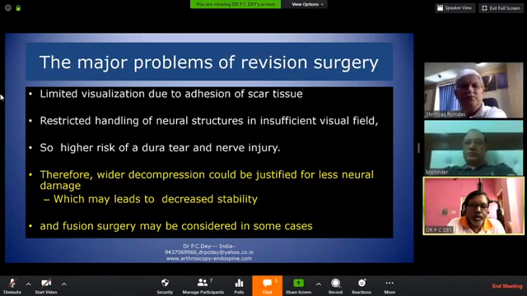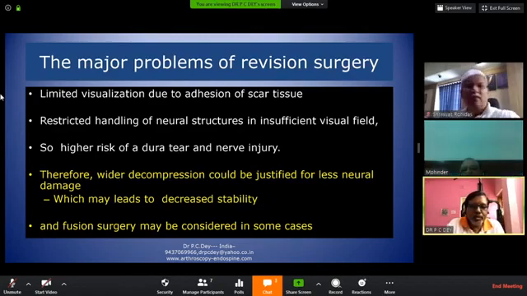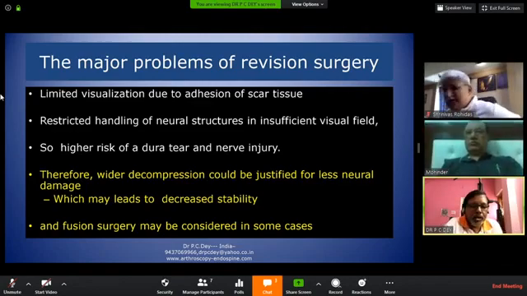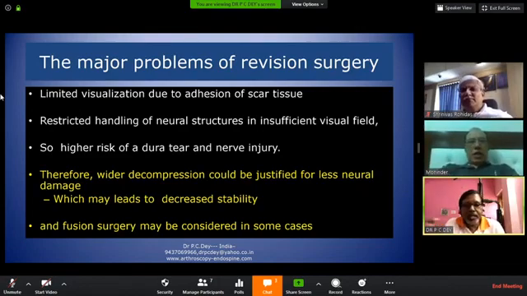Therefore, for wider decompression, each and every book I referred, and almost most of the journals that everybody is advising, I think 5 or 6 years before, say that open surgery is far better for recurrences. This wide decompression could lessen dural damage and visualization will be better, which may lead to compromise of the stability.